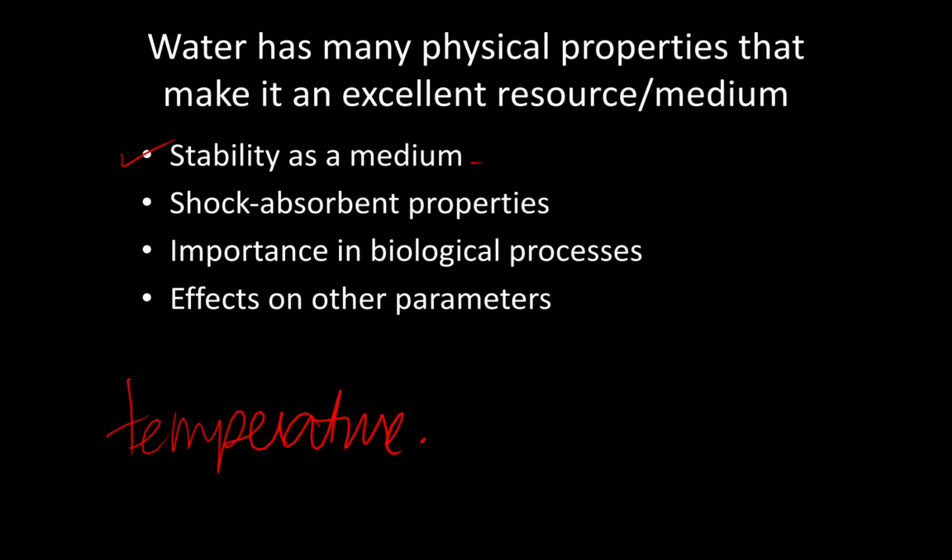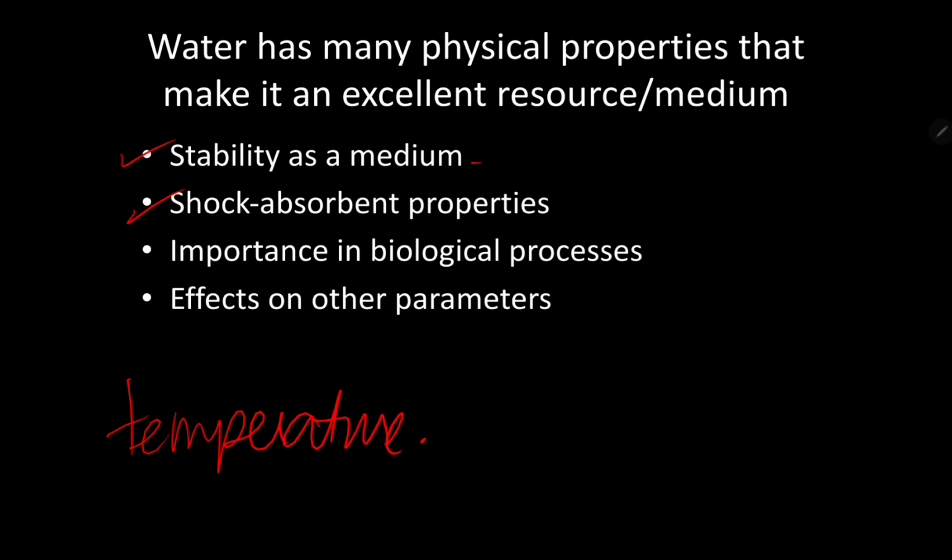Next, shock absorbent properties. Water is a natural shock absorbent. So it's no wonder that complex life developed in aquatic environments. Why is this? One of the main reasons is water's shock absorbent properties.